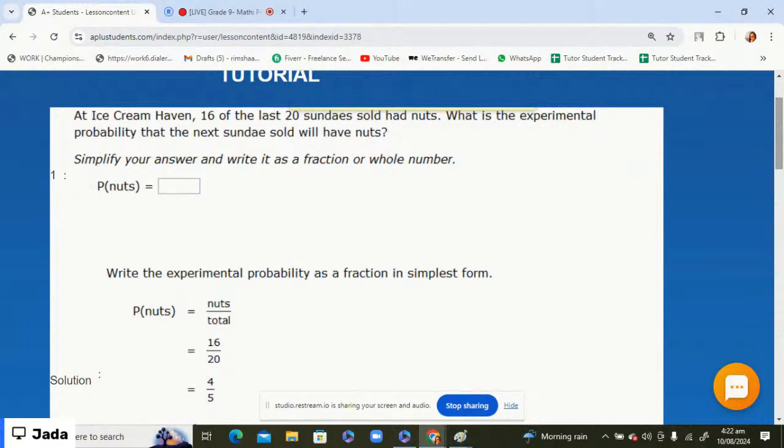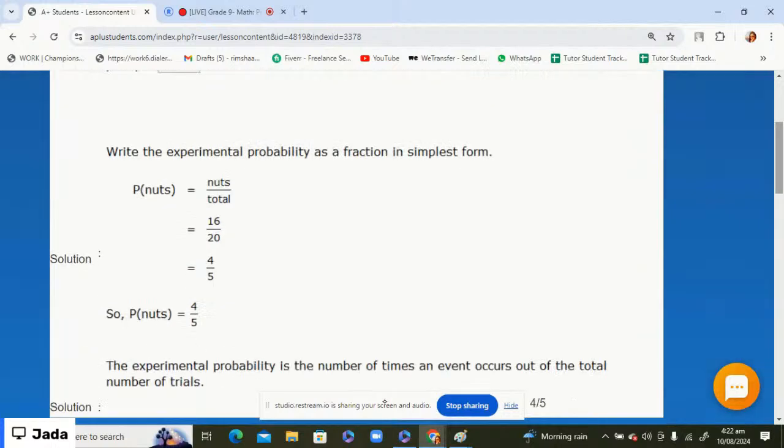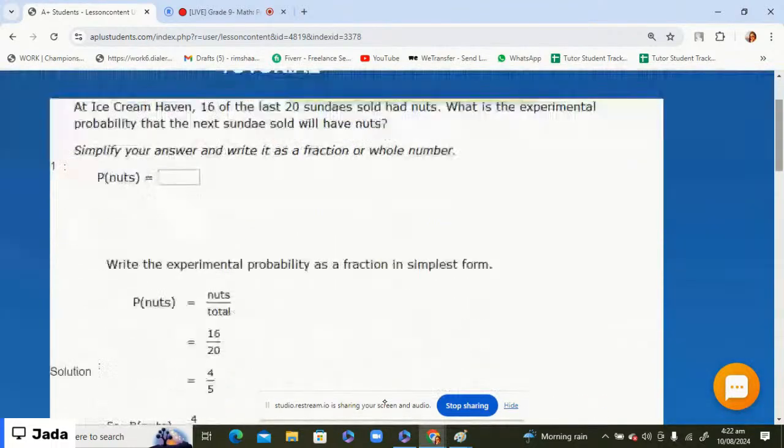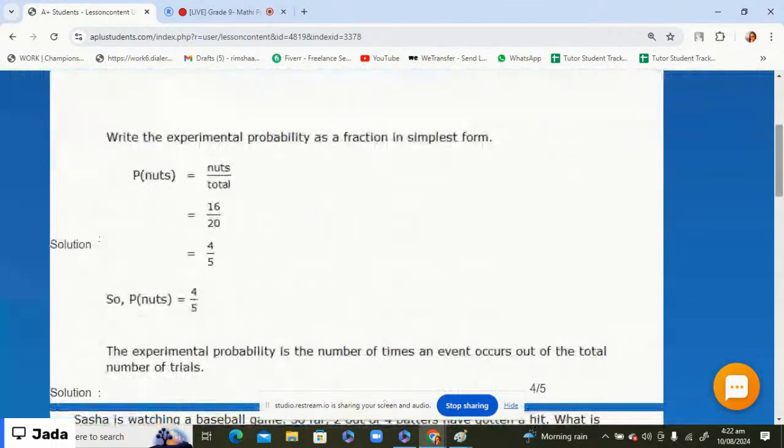What is the experimental probability that the next sundae will have nuts? So 16 of the last 20. How many had nuts? 16, and how many total? 20. So 16 over 20. Just simplify it and we get the answer. This is the probability of nuts.